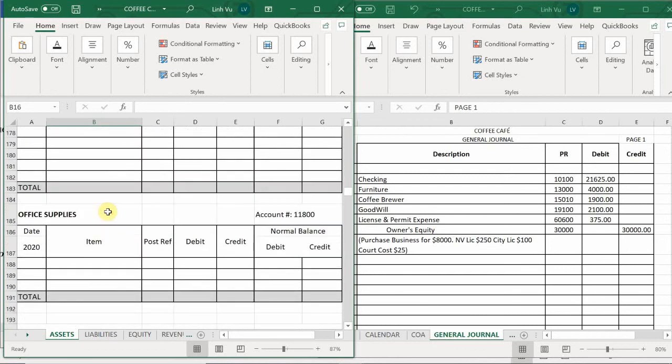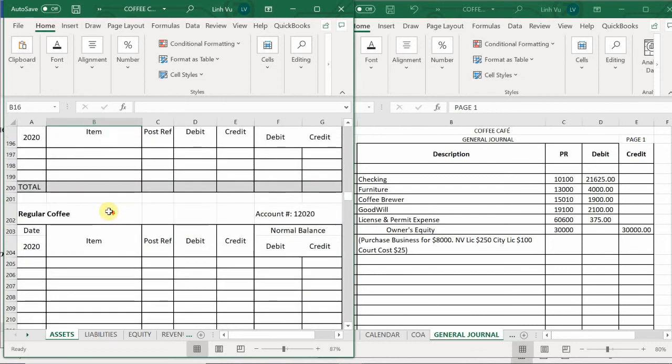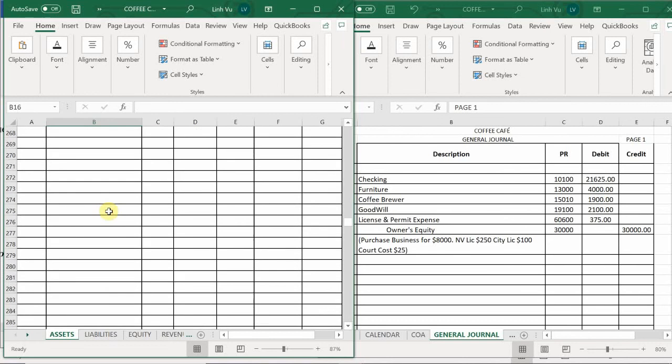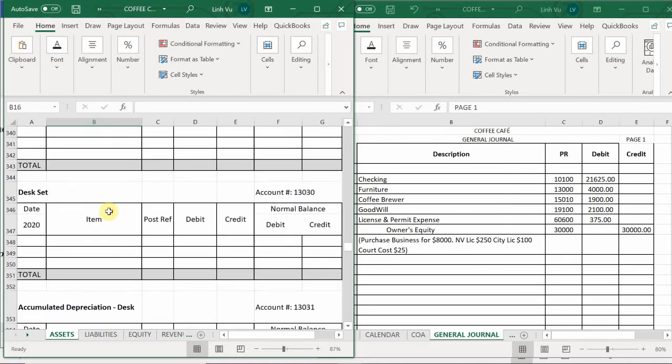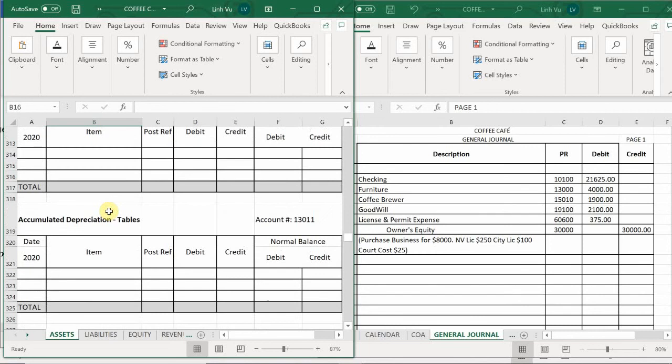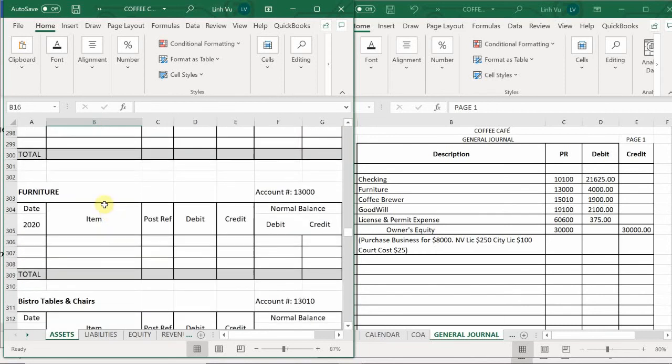In this case, we know what the account number is for furniture, right? It's 13,000. So I can scroll down until I find 13,000, and here it is. The account for 13,000 is my furniture account.